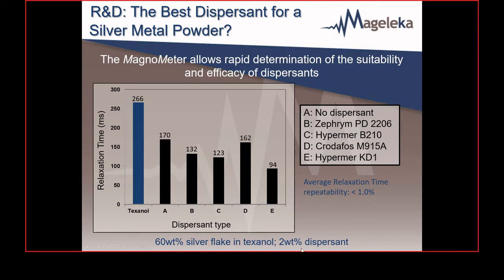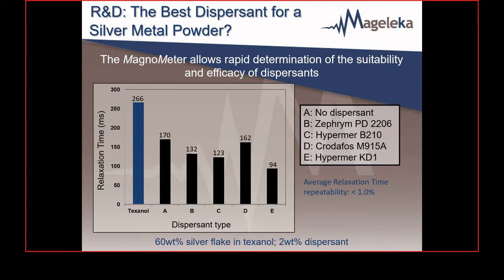So what we've got here is a very efficient one, and basically this Crodafos is not much better than no dispersant at all. Now, the results can be explained by considering the chemical nature of the dispersants examined, but actually that's the subject of another talk.